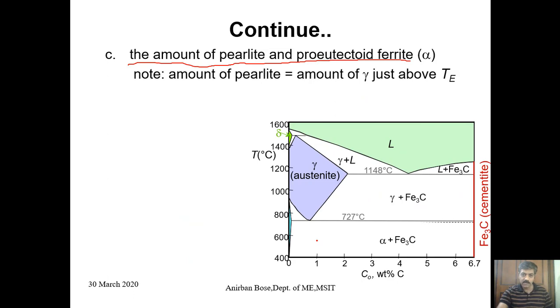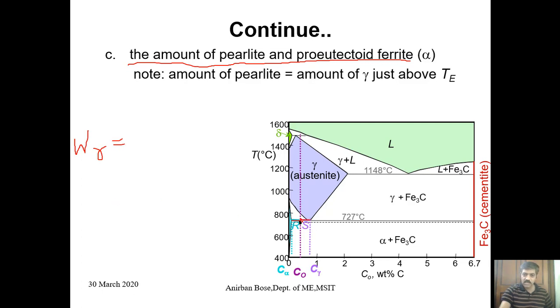So now in this diagram, see, we are here, just consider this is the austenite. So what is the fraction of austenite? If we want to find out the fraction of austenite, that means W alpha.